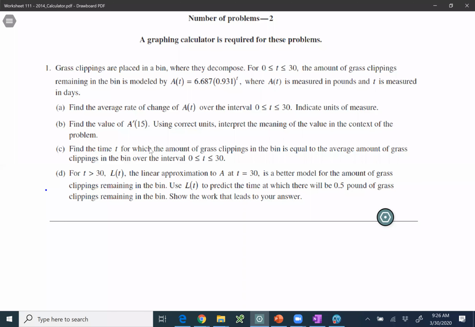But this one here, grass clippings are placed in a bin. This is going to be the extra credit. So the amount of grass clippings remaining in the bin is modeled by A of t equals 6.687 times 0.931 to the t power. So this is a calculator question. You're definitely going to want your calculator.